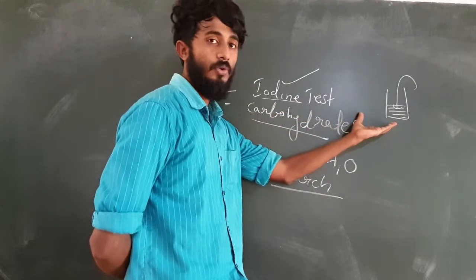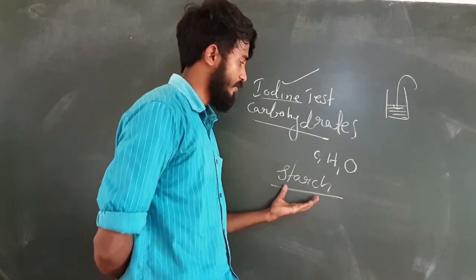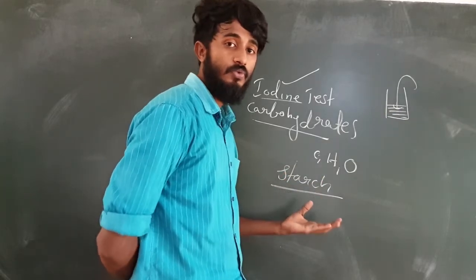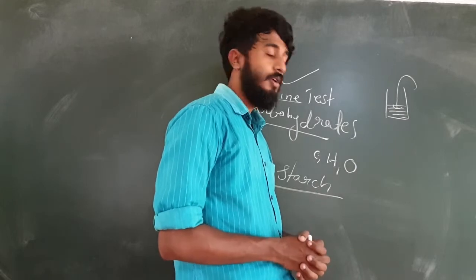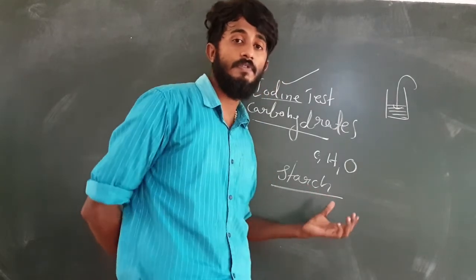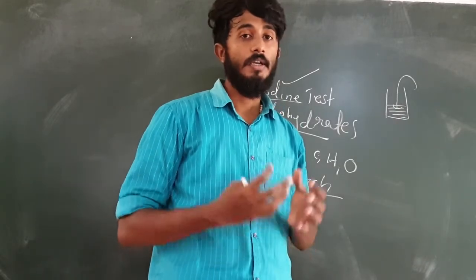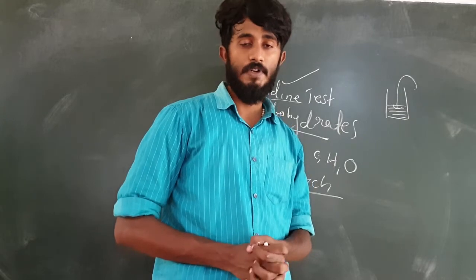With that iodine solution, we can conduct the test for starch. If the color changes to bluish black or blue, we can identify the presence of starch. These are the things we had discussed in the last class. I hope you understand, isn't it?